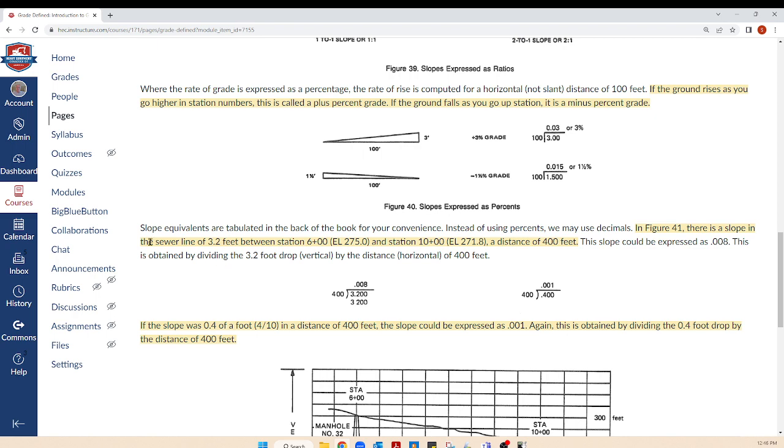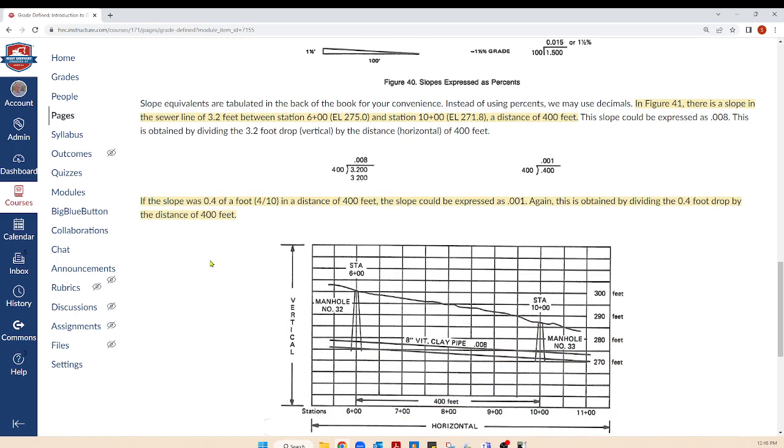Now here's an actual situation. What you have is a profile view of an area where this clay pipe is. They don't use that, it's bituminous or some kind of stuff, orange stuff they used a long time ago, and you just don't see that anymore, but nevertheless we can use it for this illustration.